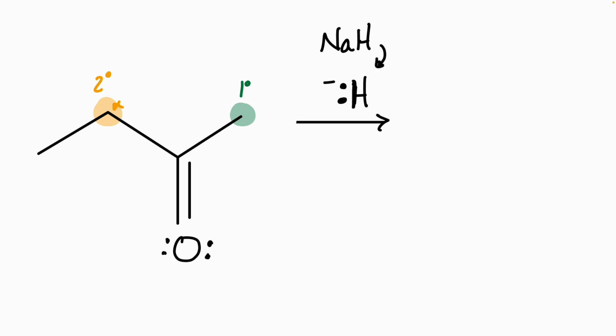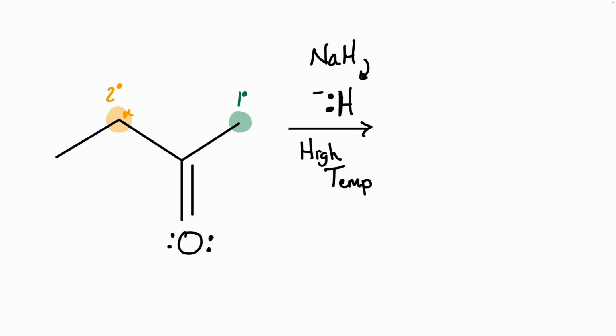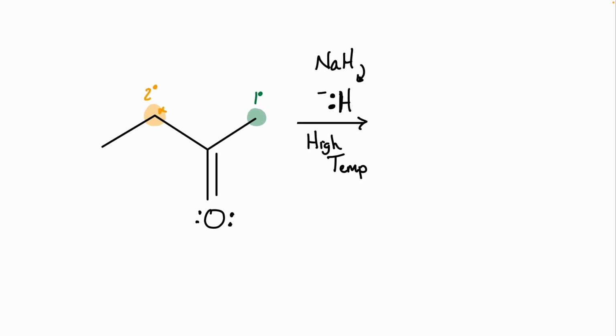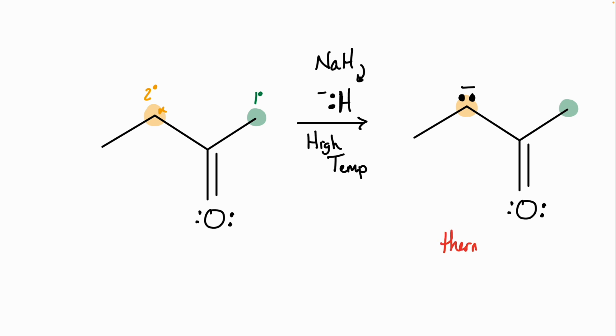We make this even more drastic by carrying this out at higher temperatures. That teeny tiny base at high temperatures is going to favor deprotonating that more substituted carbon. This would be my thermodynamic product.